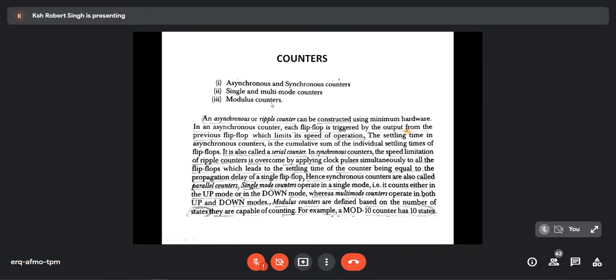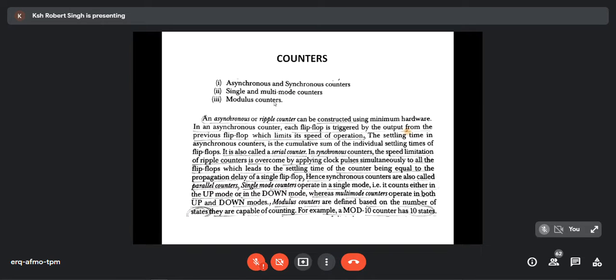Modulus counter. If a particular counter can count from 0 to 5, including 0, that means we have 6 different states: 0, 1, 2, 3, 4, 5. So we call it a mod 6 counter.